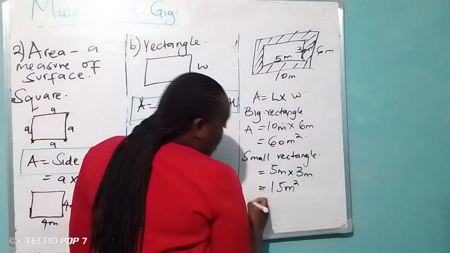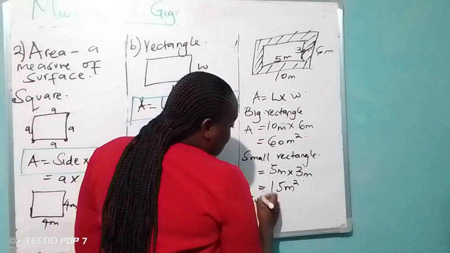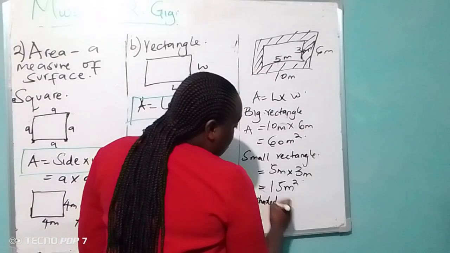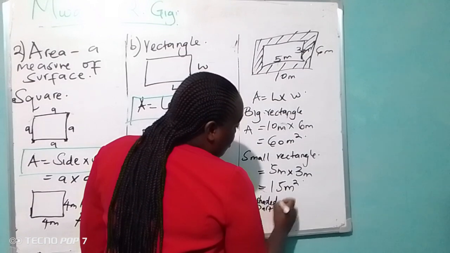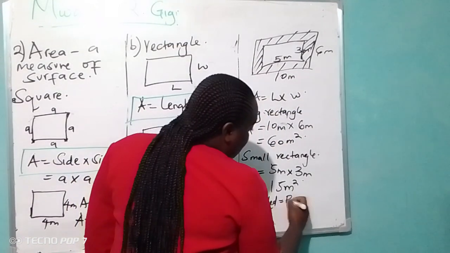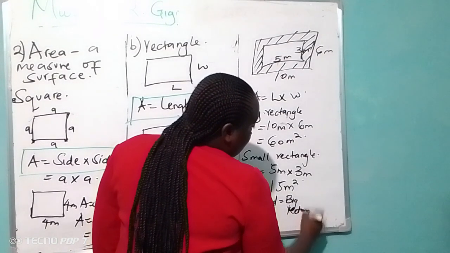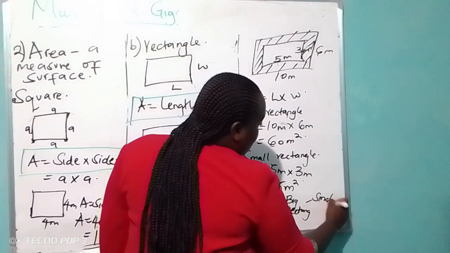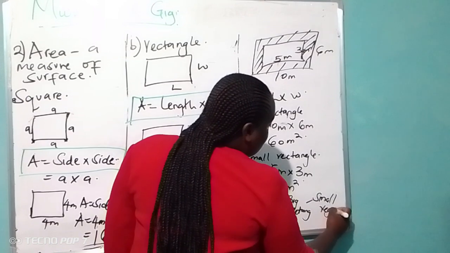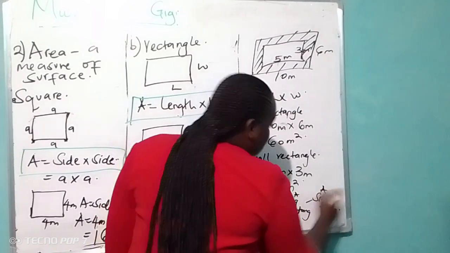So in this case we want to find the area of the shaded part. Area of the shaded part is equals to the area of the big rectangle minus the area of the small rectangle.